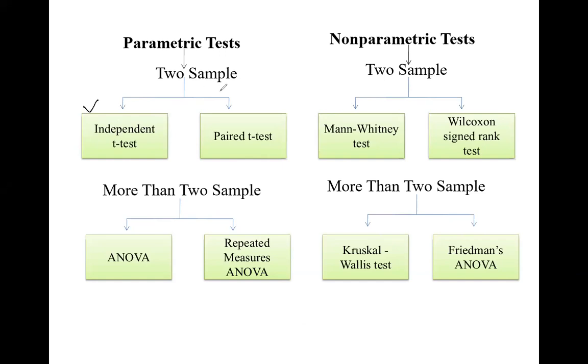If you are comparing several means, then you should use the analysis of variance. If you are taking 2 observations, before treatment and after treatment, of the same respondent, then you use the paired t-test. If you are taking the same respondents' observations more than 2 times, then use repeated measures ANOVA.